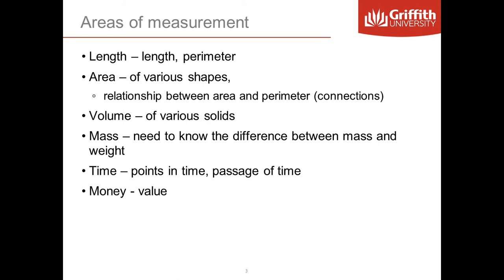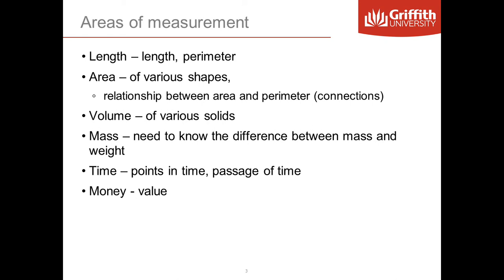Now you'll see I've used a very different term here. When I was talking about area, I was talking about shapes. When I'm talking about volume, I'm talking about solids. Often people will use the word shape interchangeably, and you can do that, but it does create problems for learners. So coming back to our session on language, here you start to see how language can create difficulties for students.